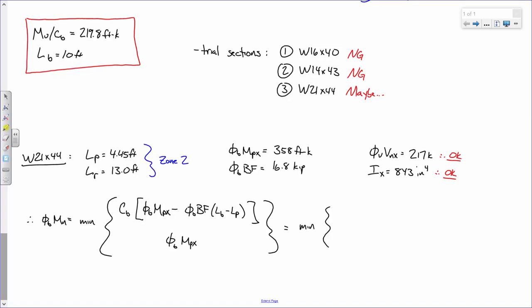So you said 428. And is that good? And why is it good? Greater than 356. So therefore, for case 4, we can use a W21 by 44.